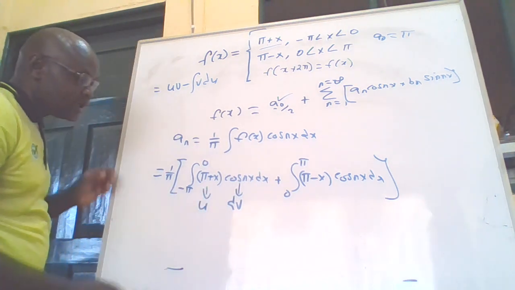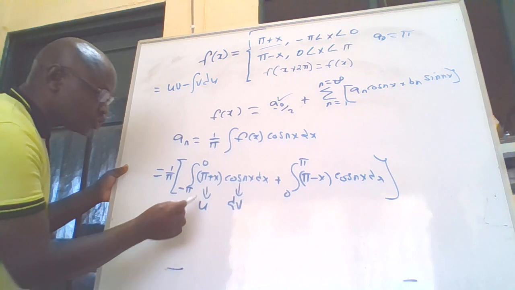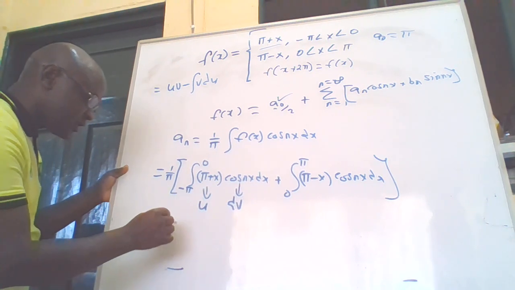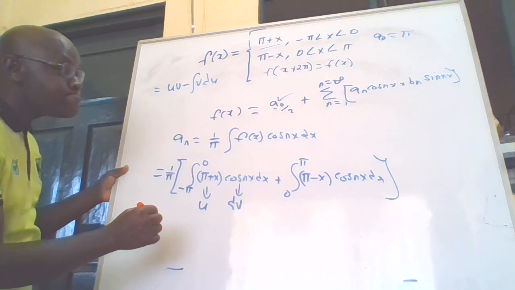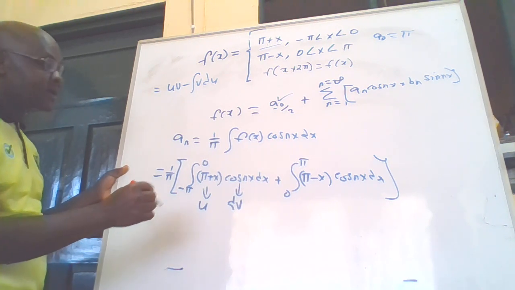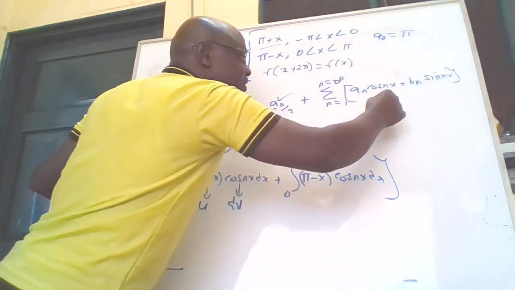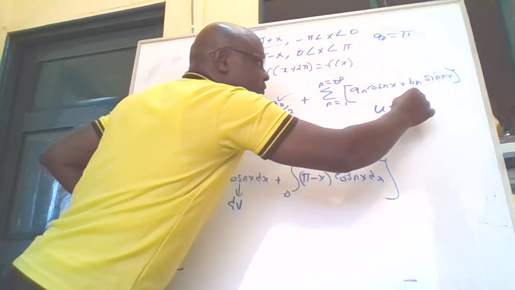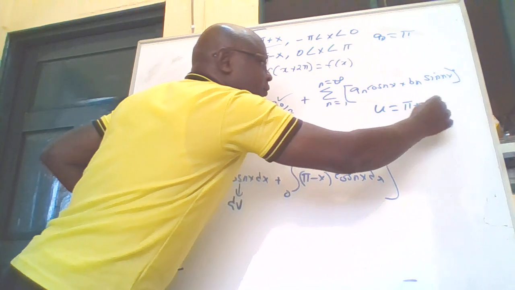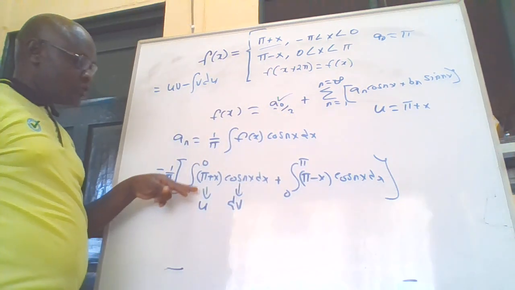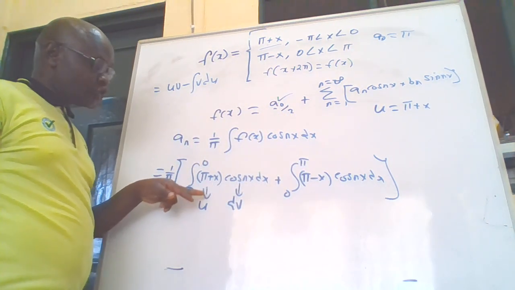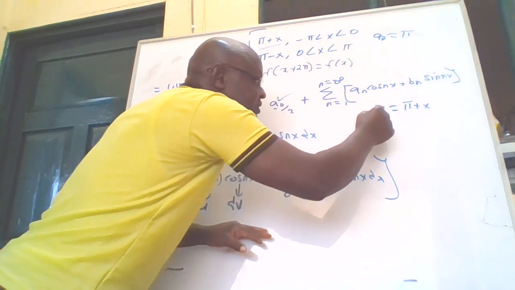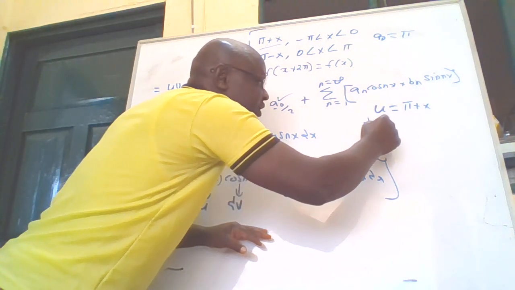Therefore, we need now to differentiate this equation. What we are saying is that u equals pi plus x. So you differentiate u with respect to x, that is du dx.